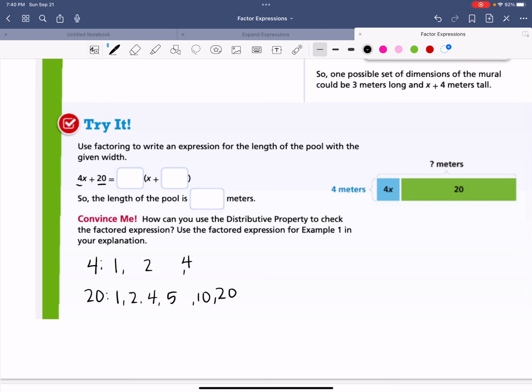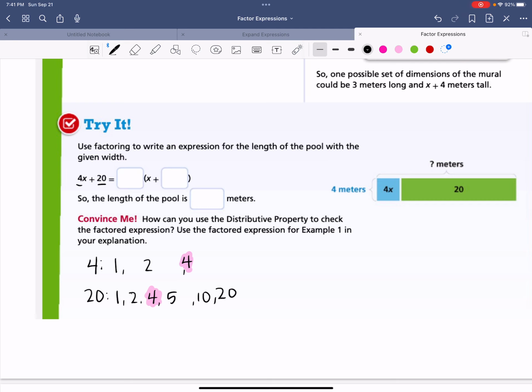So all of my factors of 20 are 1, 2, 4, 5, 10, and 20. So I look and see what is the biggest number they have in common. Well, they both have a 4 in their list. So I know that will be my greatest common factor, and that's the number that I factor out.